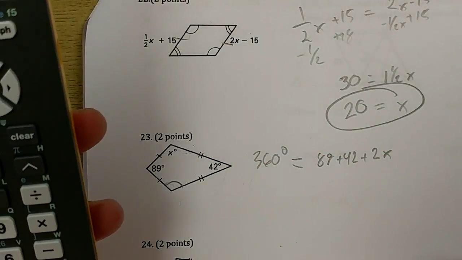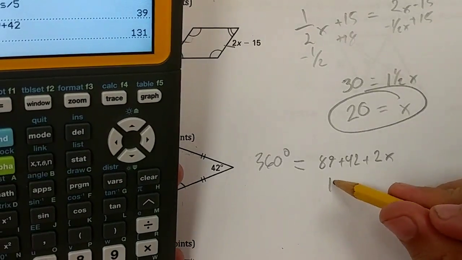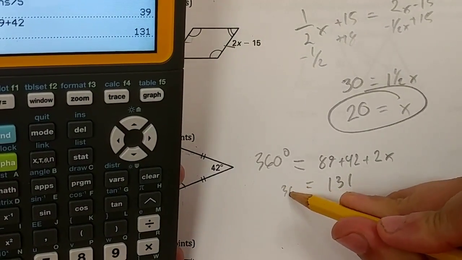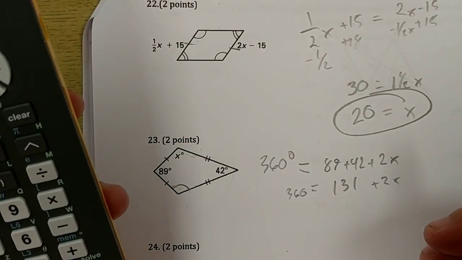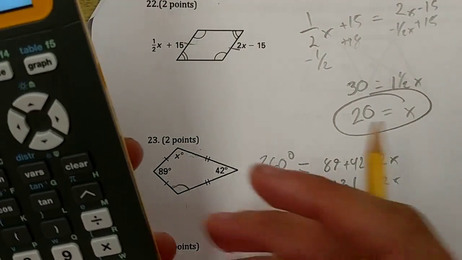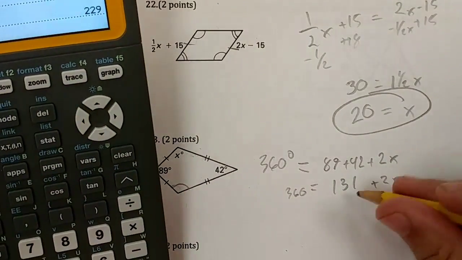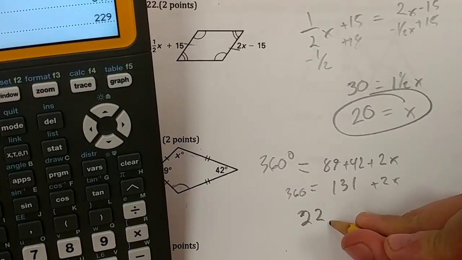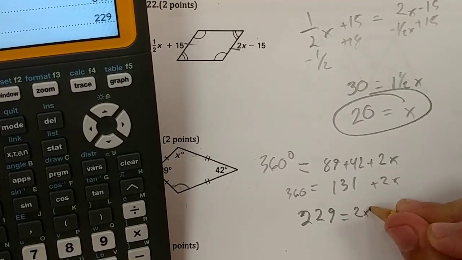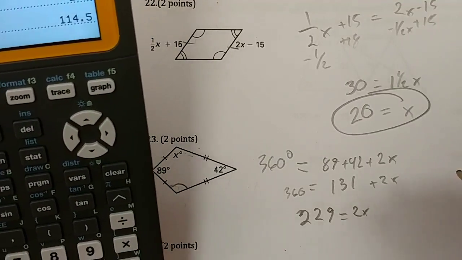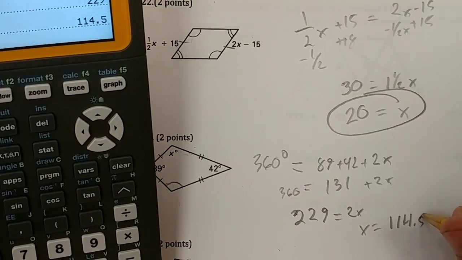So x plus x is 2x. 89 plus 42 equals 131. 360 minus 131 is 229, equals 2x. Divided by 2, your answer is x equals 114.5.